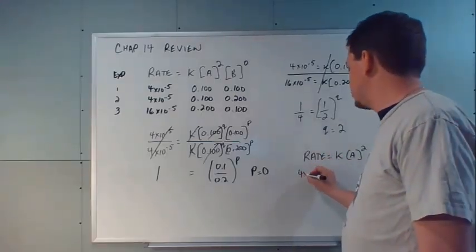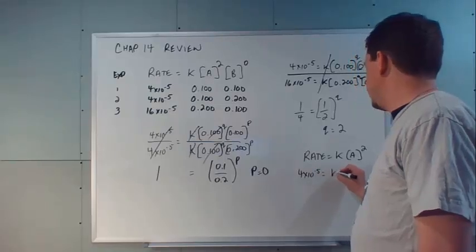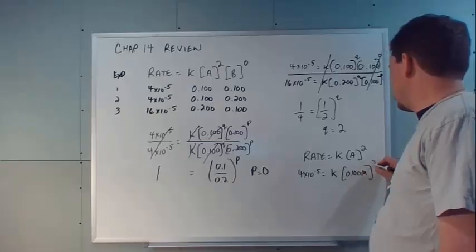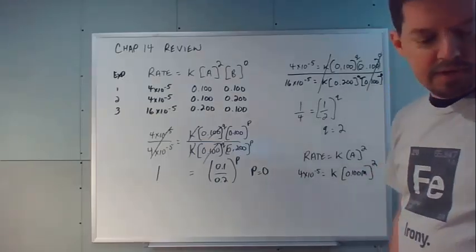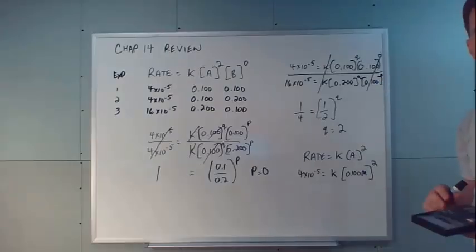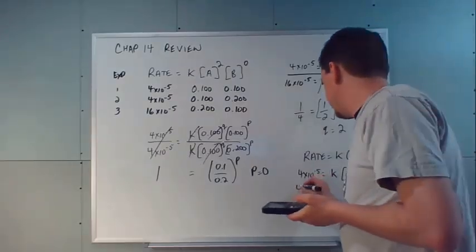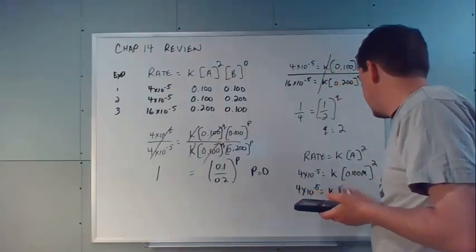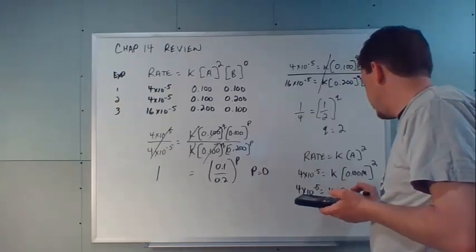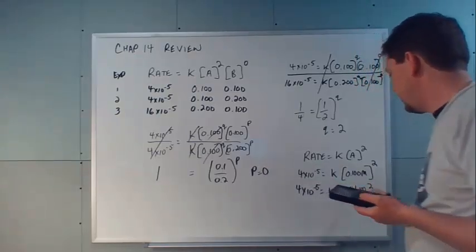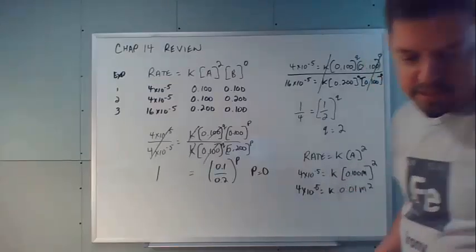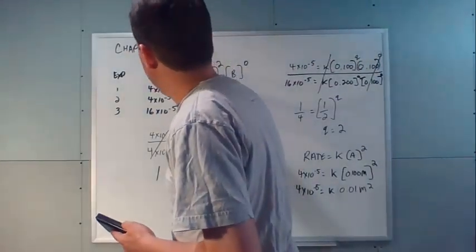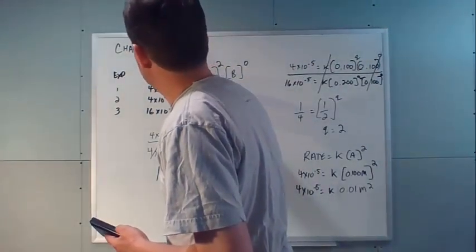So if I say 4 times 10 to the negative 5th is equal to K times 0.100 molar squared, right? So if I go and do the math on that, I really didn't need a calculator for this, but 4 times 10 to the negative 5th equals K times 0.01 molar squared. And the rate is usually in change in molarity per second, right?